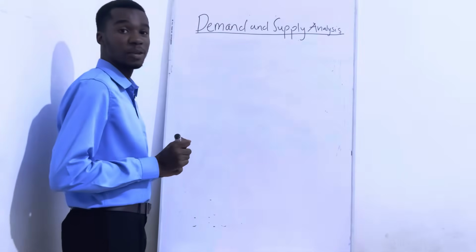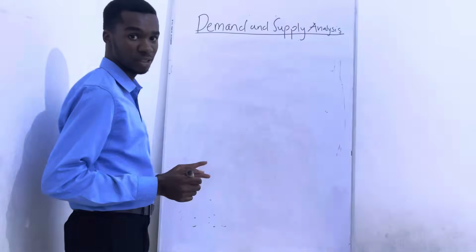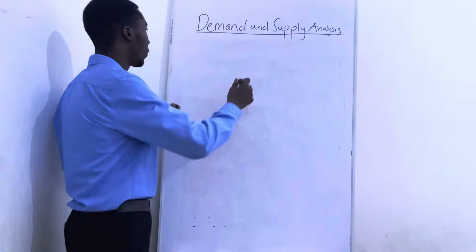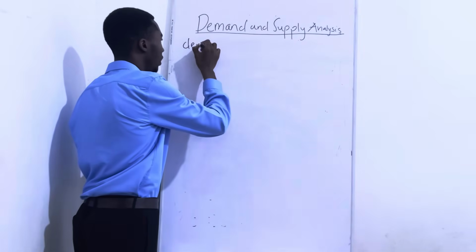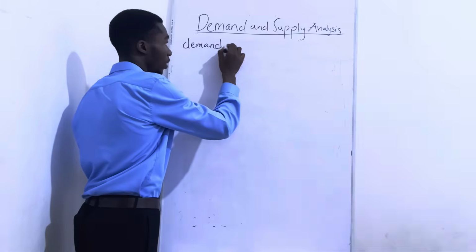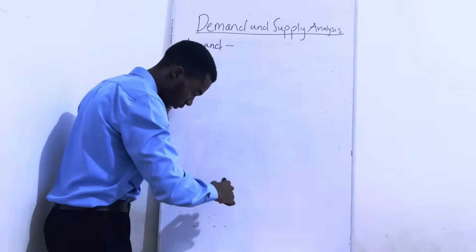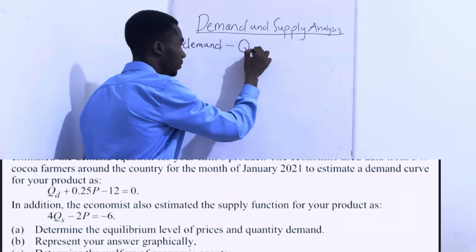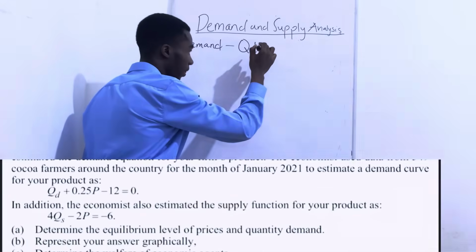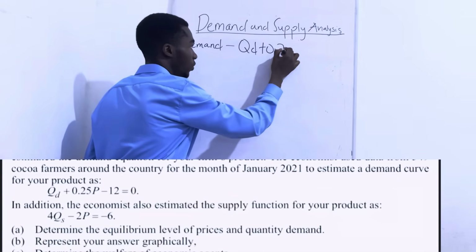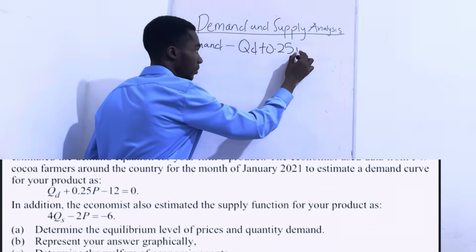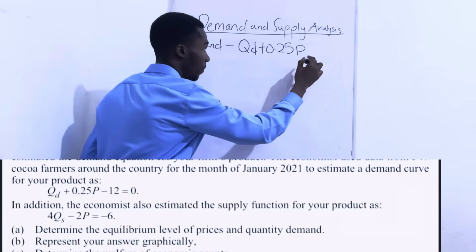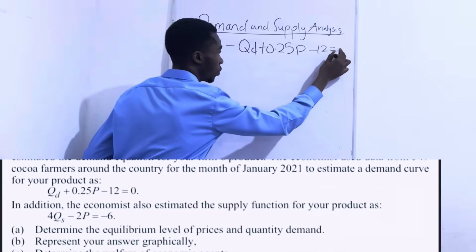From the question, they've given you two functions or two equations, which are the demand and the supply. For the demand function, this one was given to us in the question already. So that's the first one. They said QD plus 0.25p minus 12 is equal to 0.